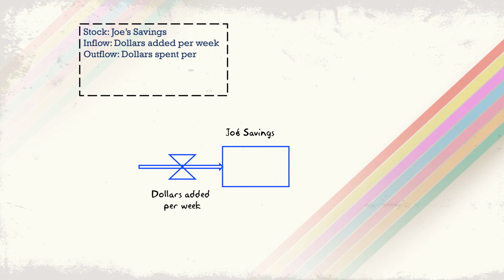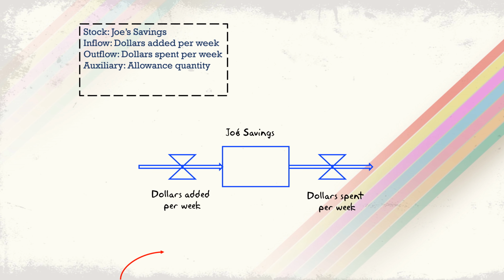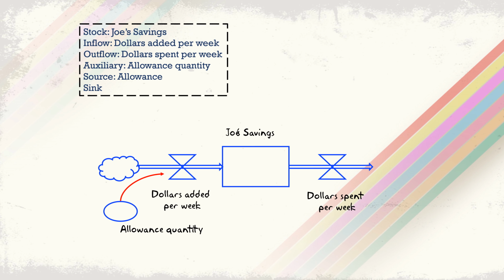Then we have the outflow, which is dollars spent per week, so it goes out from Joe's savings. Then we have the auxiliary, which is the allowance quantity. Then we draw the source, which is the allowance, and the sink, which is dollars spent. So you get the whole stock and flow diagram.